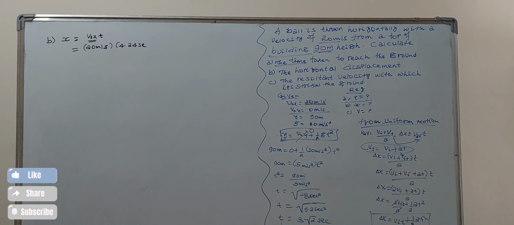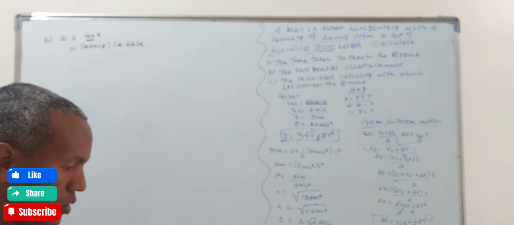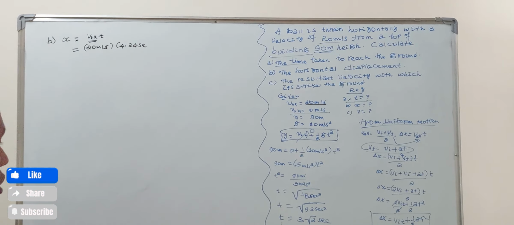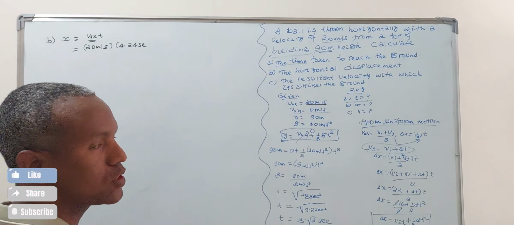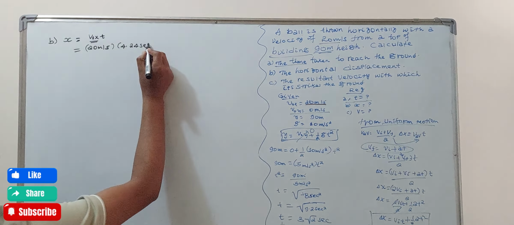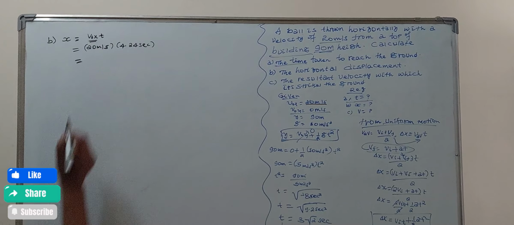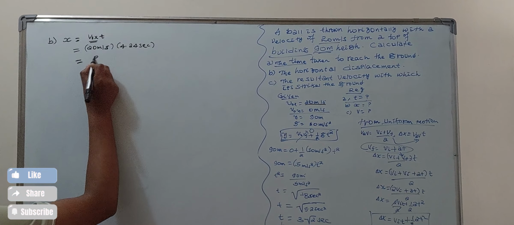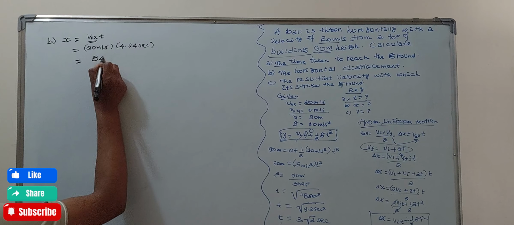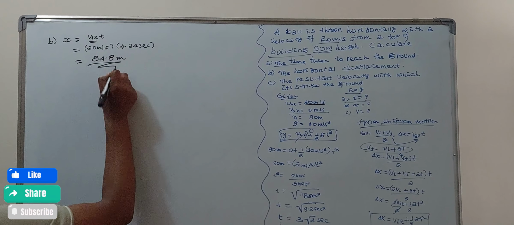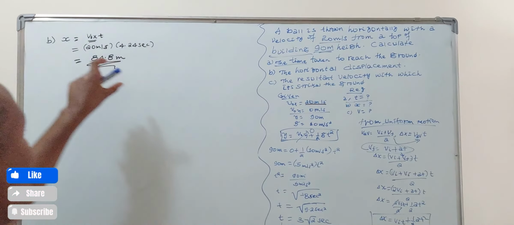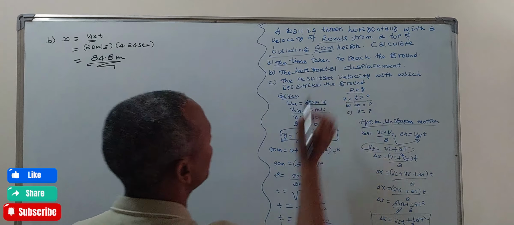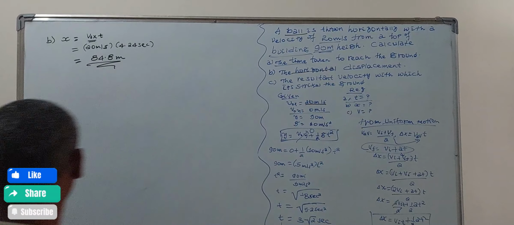Let me just double confirm over here, yep, it is 20. So you can confirm by yourself, but with 4.24 seconds you can calculate this term as well, and you can get approximately 84.8 meters. That is the horizontal displacement of this ball.